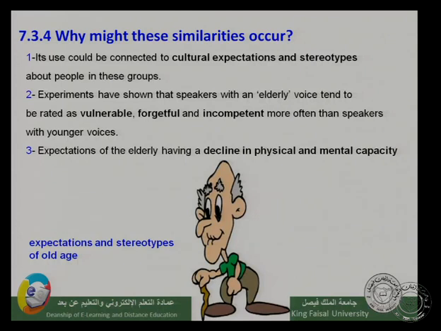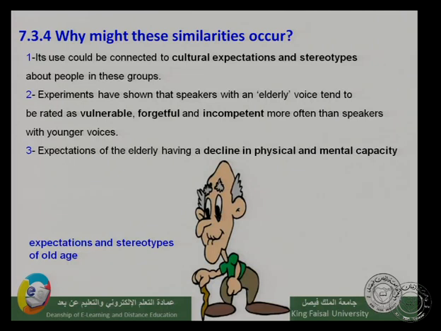And if I say, oh, it is an old man, the image that comes to my mind is that this is a fragile person, and I need to accommodate my language so that he can understand whatever I say. So I tend to use a high-pitched sound. I tend to speak slowly so that he can understand. I tend to use simple sentences rather than compound sentences.